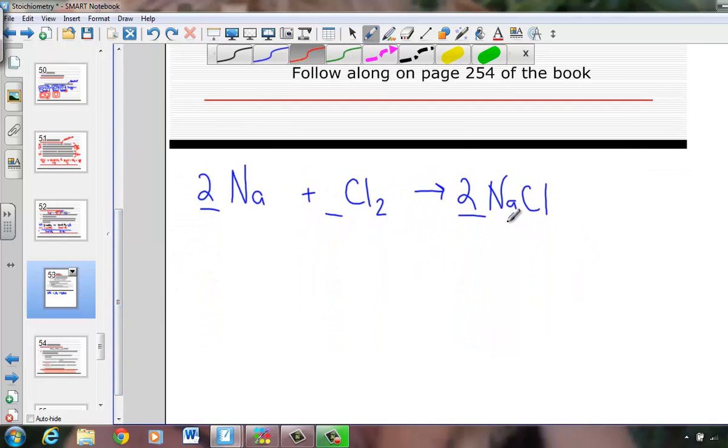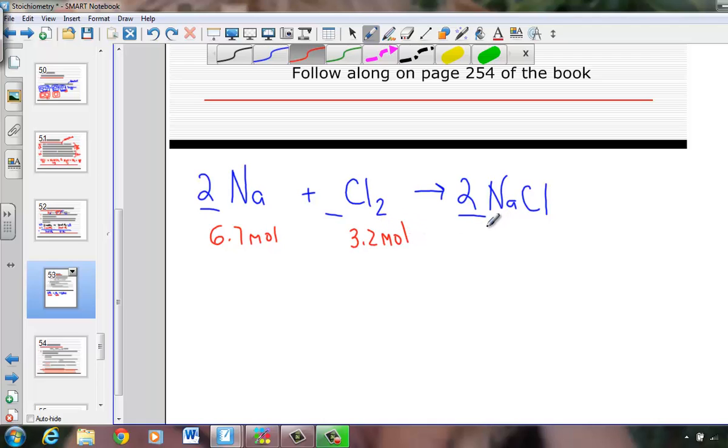So under my balanced equation, I always like to tabulate what I'm given and what I want. The first given quantity, I'm just going to put underneath the Na, is 6.7 moles of sodium. The next quantity I'm given is the moles of chlorine, and I'll tabulate that underneath, writing it as 3.2 moles.